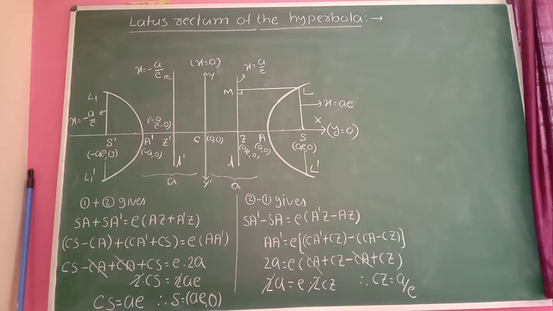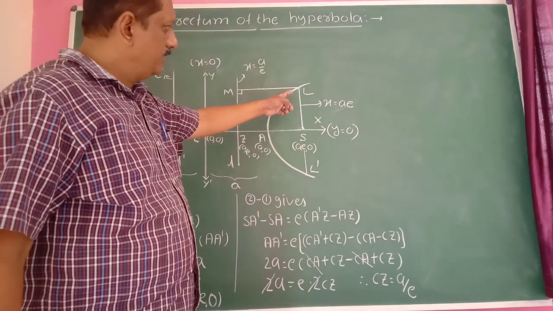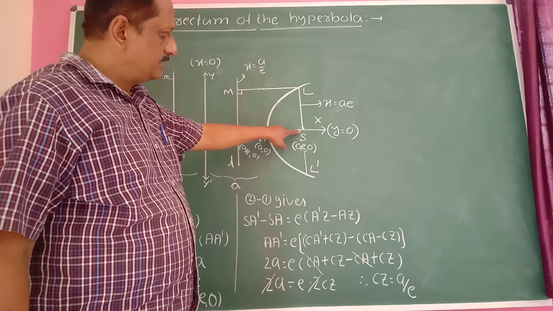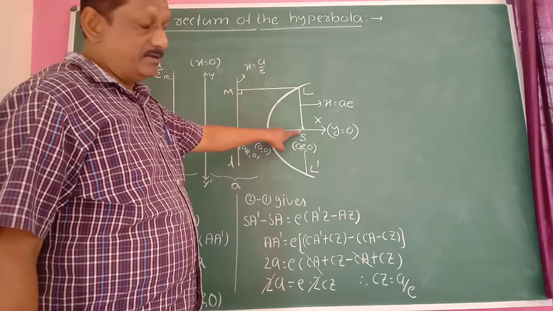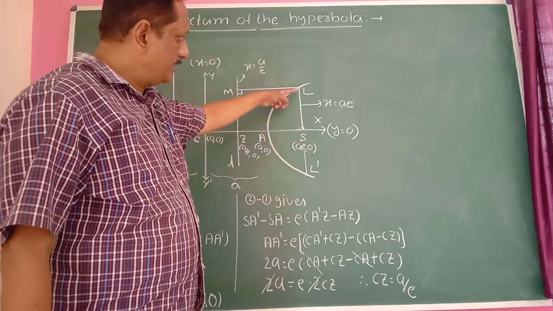So the latus rectum of the hyperbola is a line passing through the focus S, and that line cuts the curve at L and L dash.